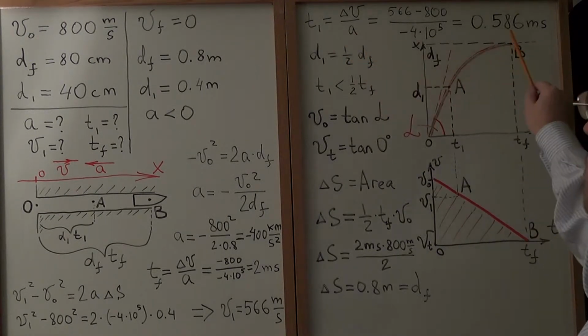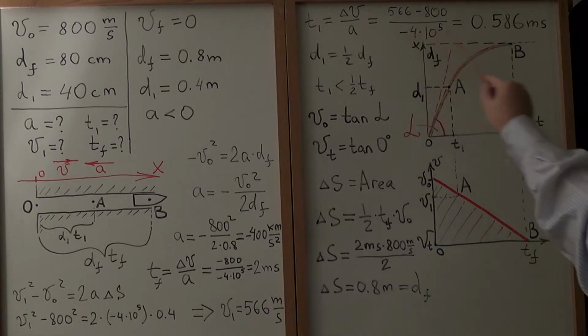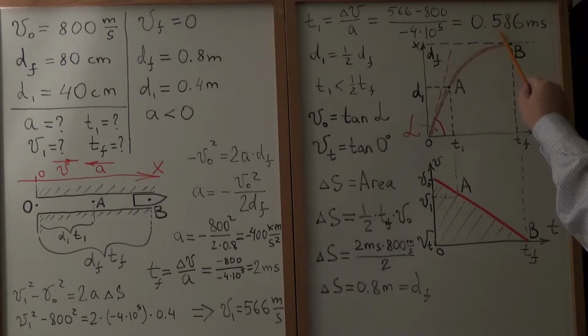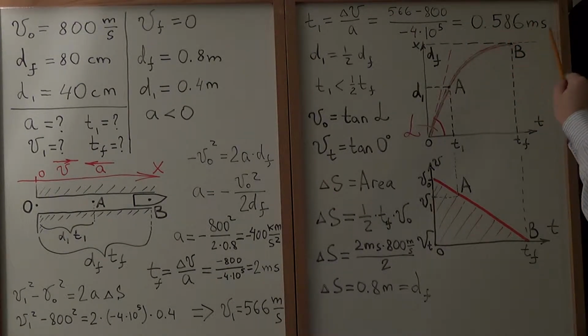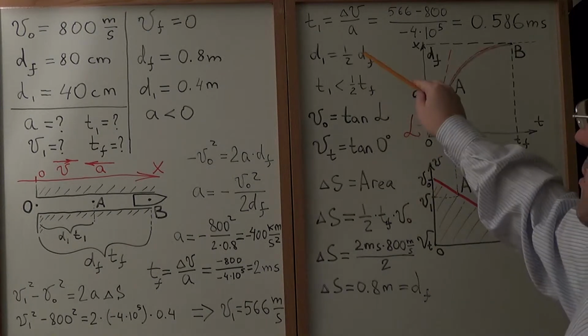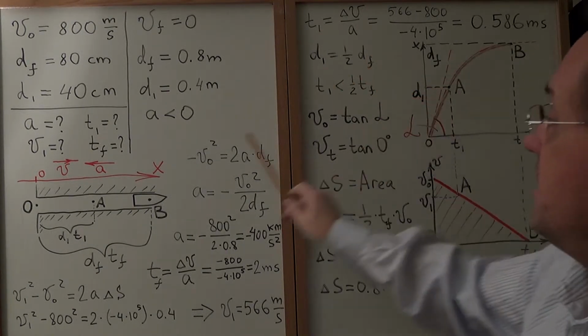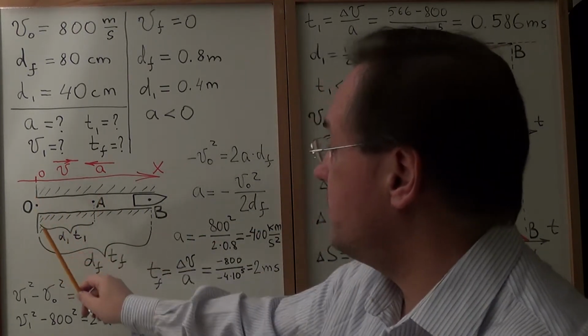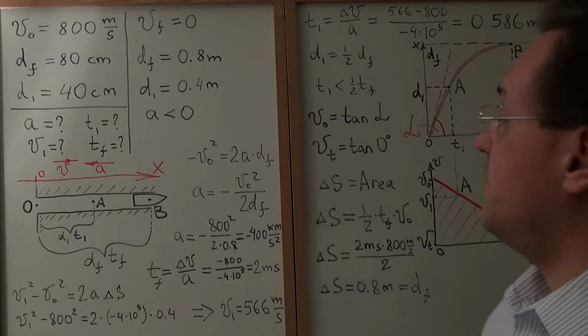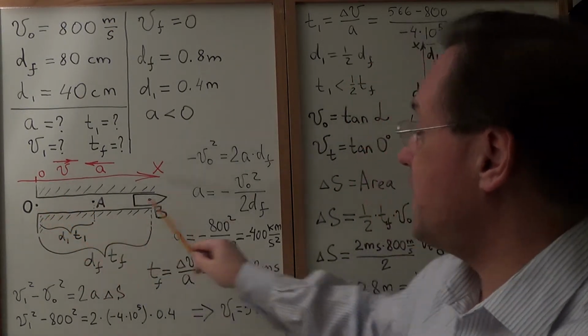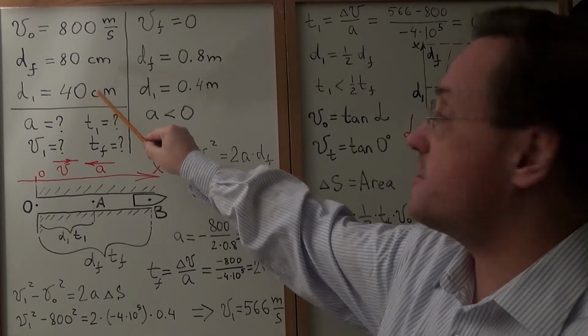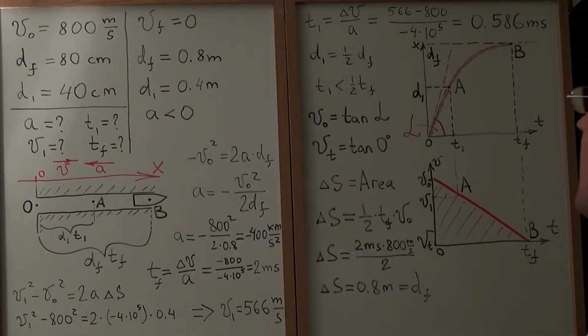The same we do with time. So time would be 0.586 milliseconds. Now let's notice that this D1 from A to B is a half of the whole depth. 40 centimeters is a half of 80 centimeters.